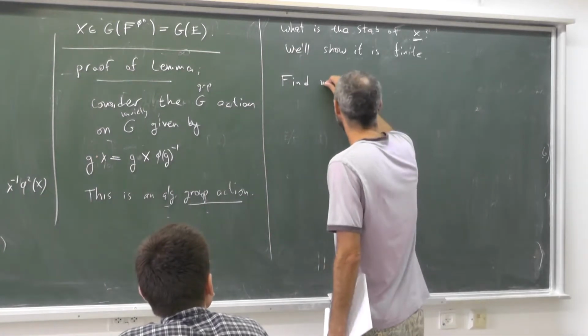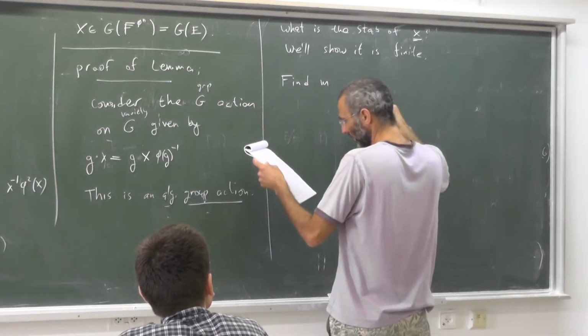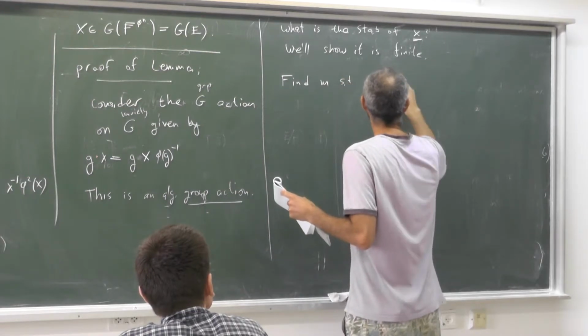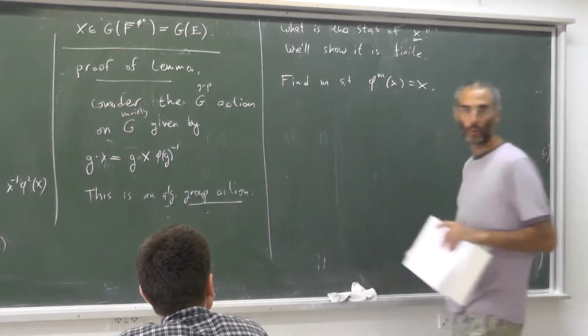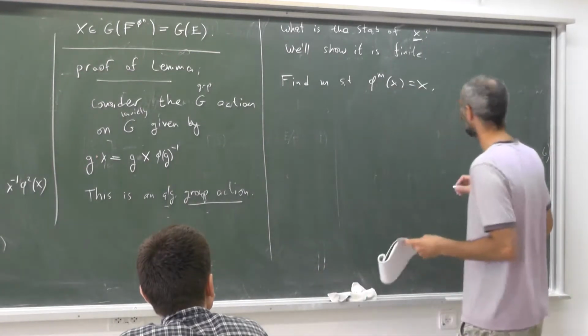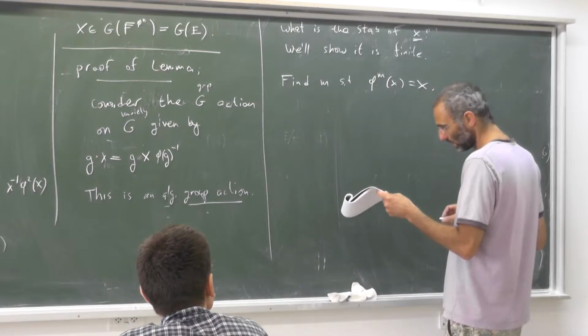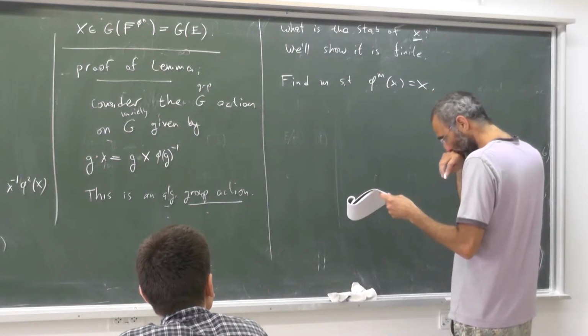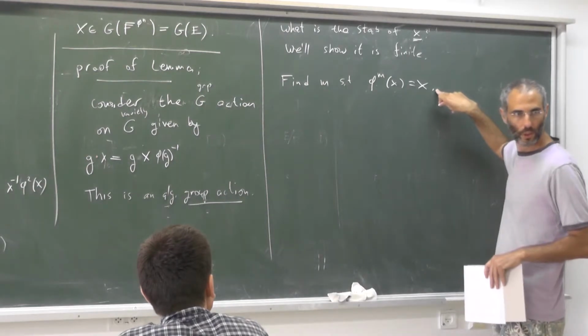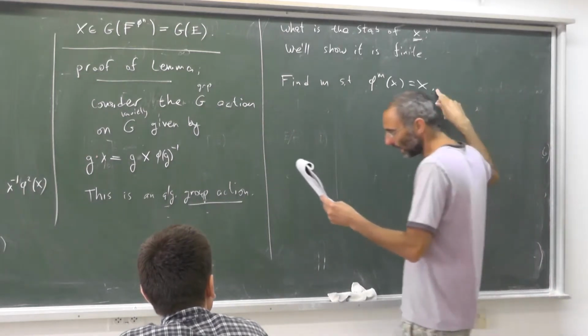Find m such that phi to the m of x is x. You can do that. Is that clear?